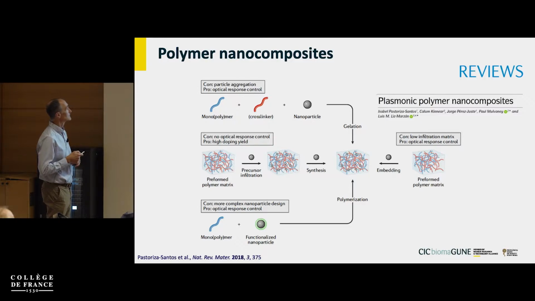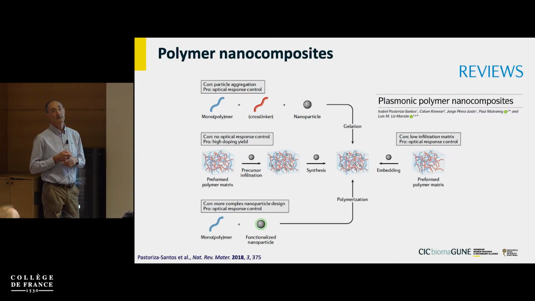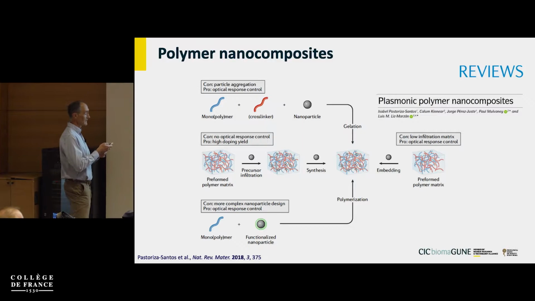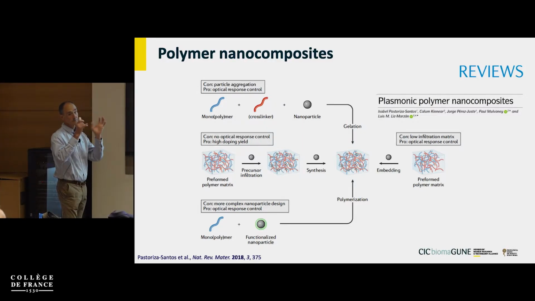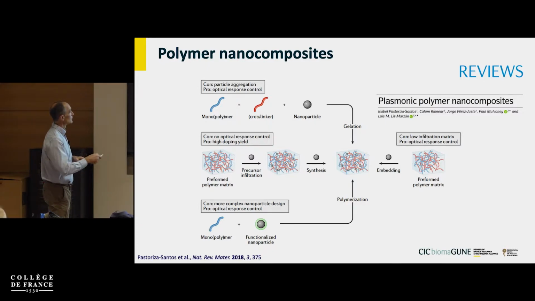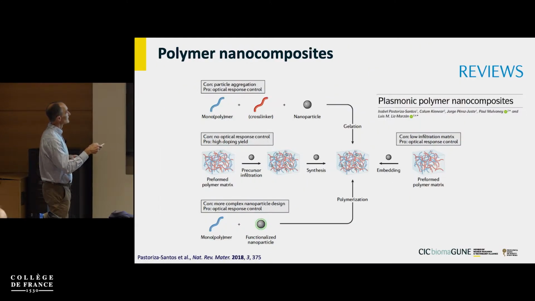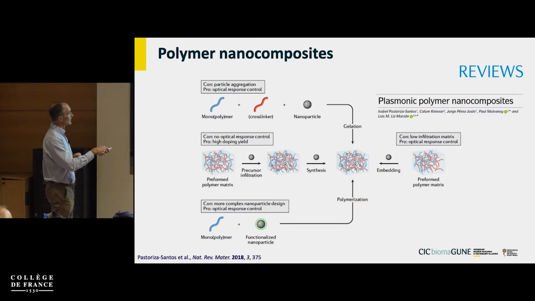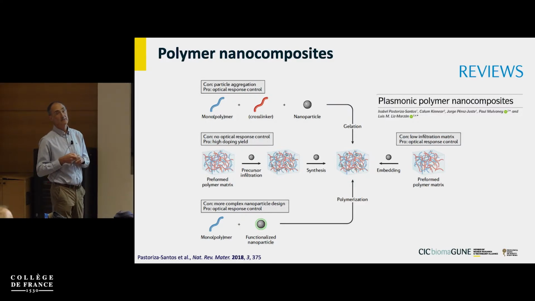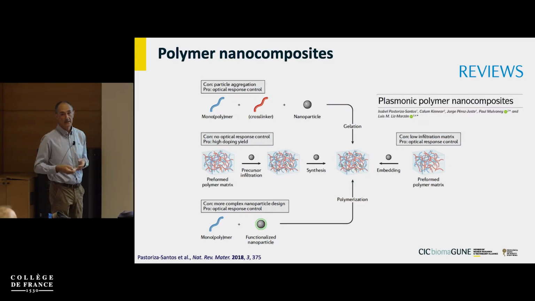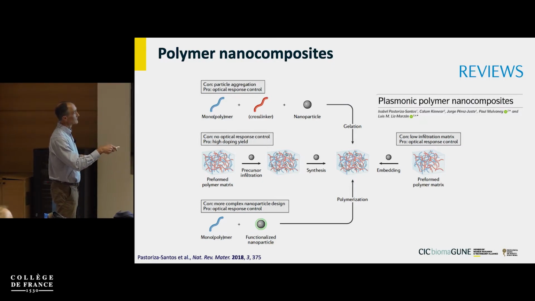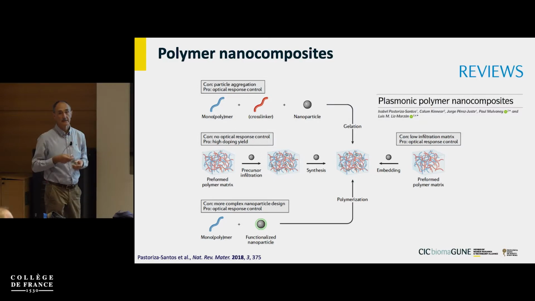And this is a review we published recently where, among other things, we describe different possibilities of how to embed colloidal particles into polymeric films, bulk, or even colloidal frames, based on either doing the polymerization in the presence of the particles, or a preformed matrix where you infiltrate precursors and then synthesize directly inside of the matrix, or you have already the particle functionalized with something that is compatible with your polymer, which has been pre-made, and then you mix them, or you have a preformed matrix and then the particles are sort of infiltrating inside of the matrix.